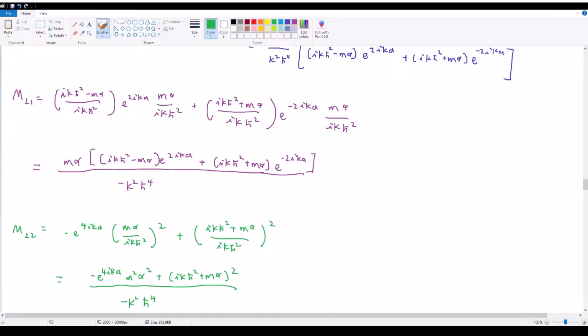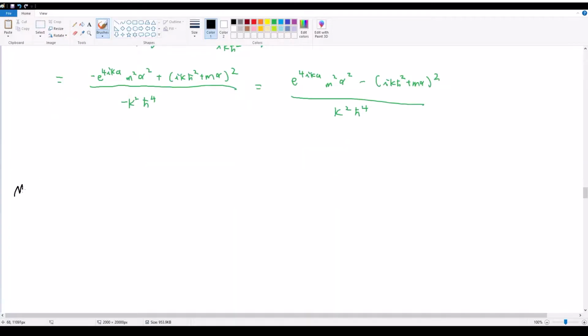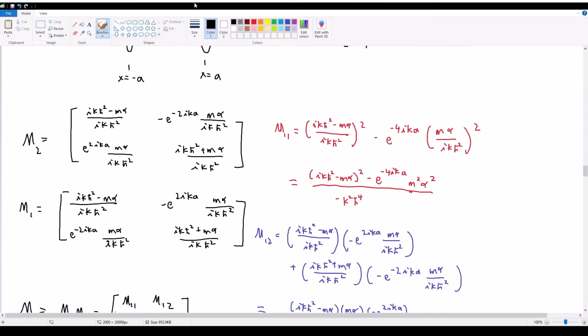And I don't believe there's really that much else we can do with this other than just maybe flip the terms around, get rid of the cancellations, cancel some negatives, so we have e to the 4ika m squared alpha squared minus ik h bar squared plus m alpha squared over positive k squared h bar fourth. So now that we're done with this, we just plug everything into our final matrix. So M is equal to a very long convoluted thing, and I'm just going to copy paste each individual term in.